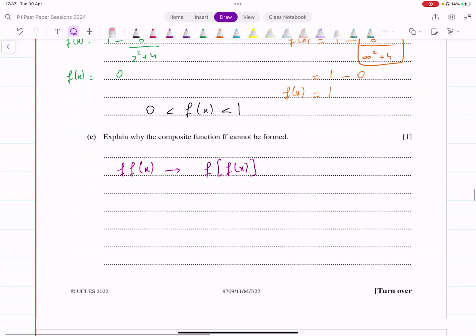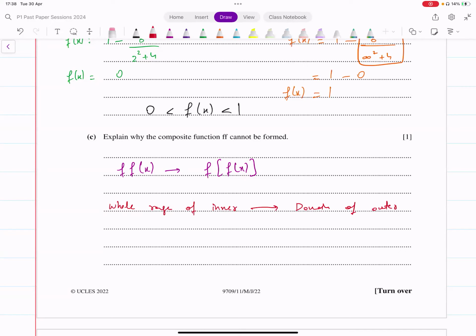Now, remember the condition that we had for a composite function being formed. The condition is that the whole range of the inner function should be part of the domain of the outer function.